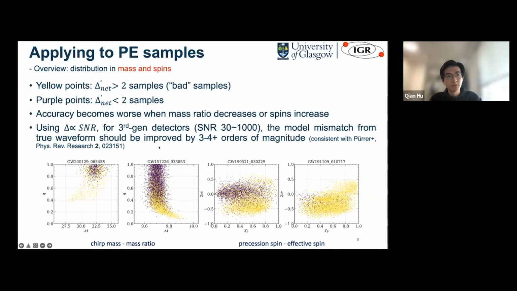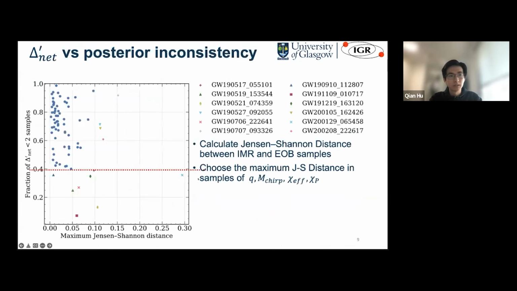This is consistent with previous works, but what we can tell here is the improvement should be even larger in the high spin and low mass ratio regions, and those regions might be where our simulations are most needed for the future.